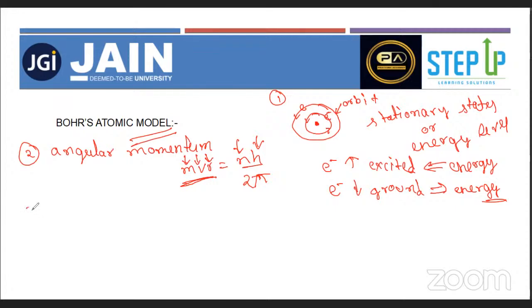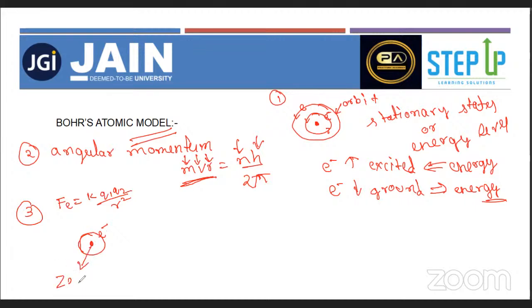Next, he derived the expressions for every particular velocity and radius. Here is the nucleus and here is an electron. We have read that electrostatic force is equal to K Q1 Q2 over r squared. Whenever there are two charges in nature, they have a repulsive or attractive force. In this case, because they are opposite, the force is attractive.